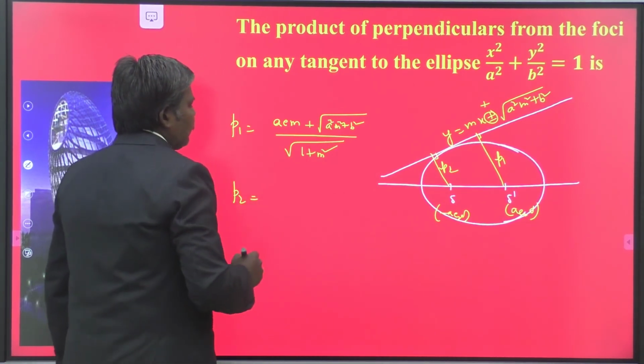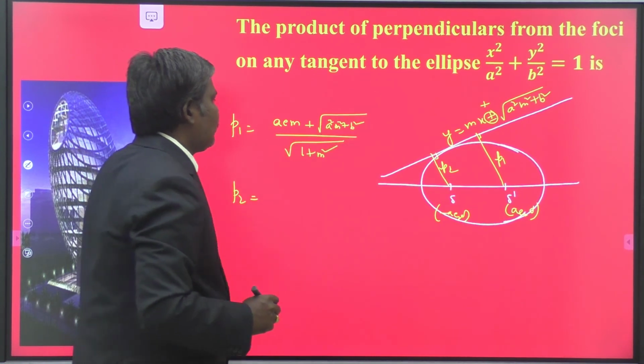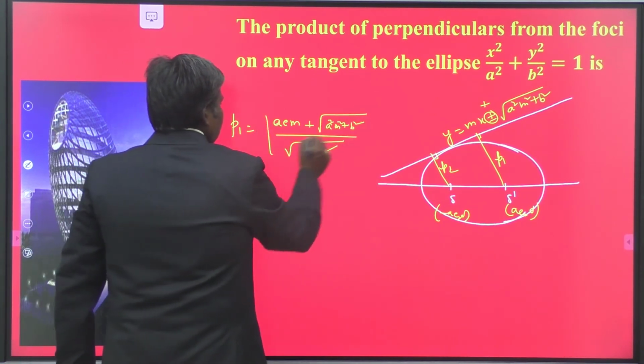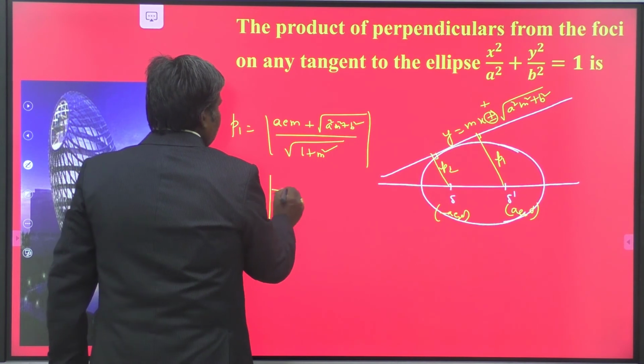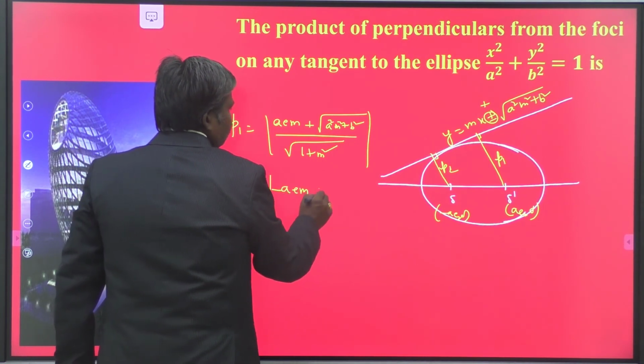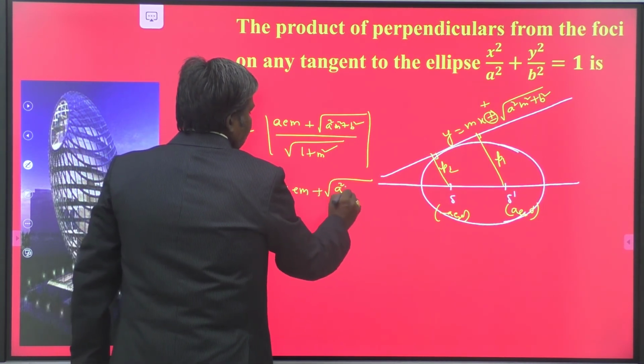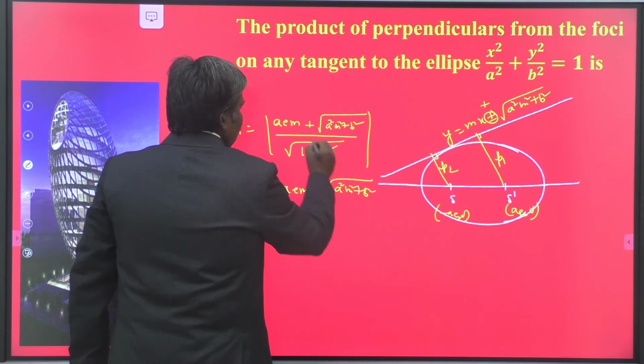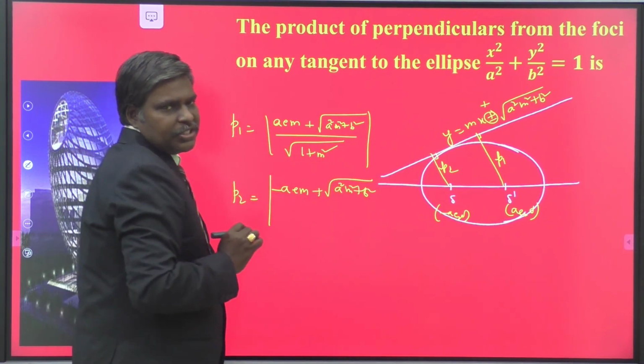P2 is the perpendicular distance from minus AE comma 0 to that line. It is the modulus of minus AEM plus root of a square m square plus b square, by root of 1 plus m square. You may take both minus or both plus, no problem.